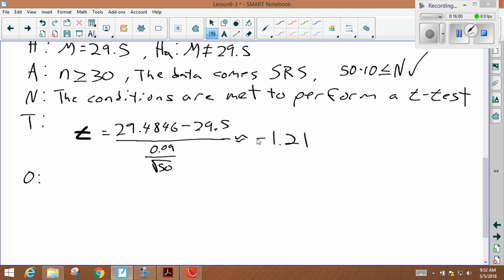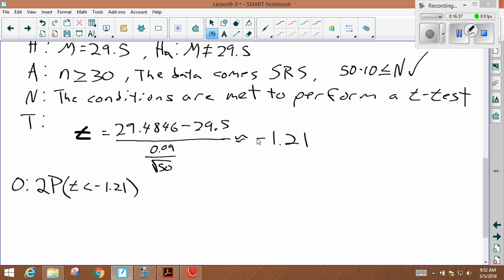Oh, let's obtain a p-value. So we're looking at the probability that T is less than negative 1.21. But aren't we really actually looking at 2 times that?